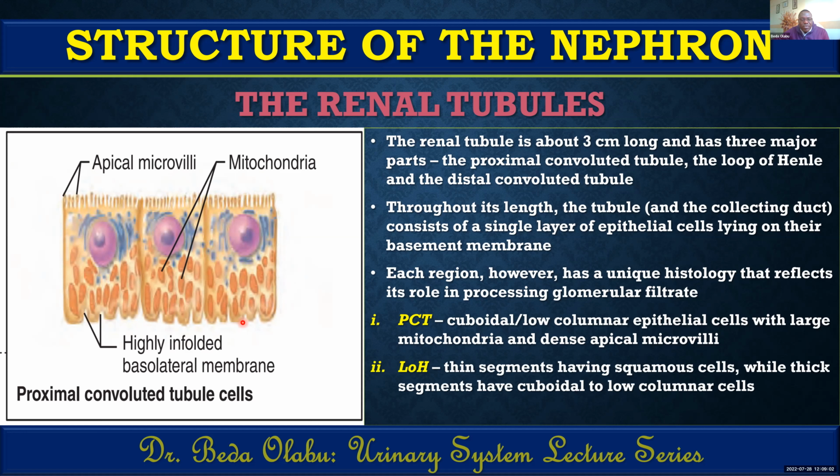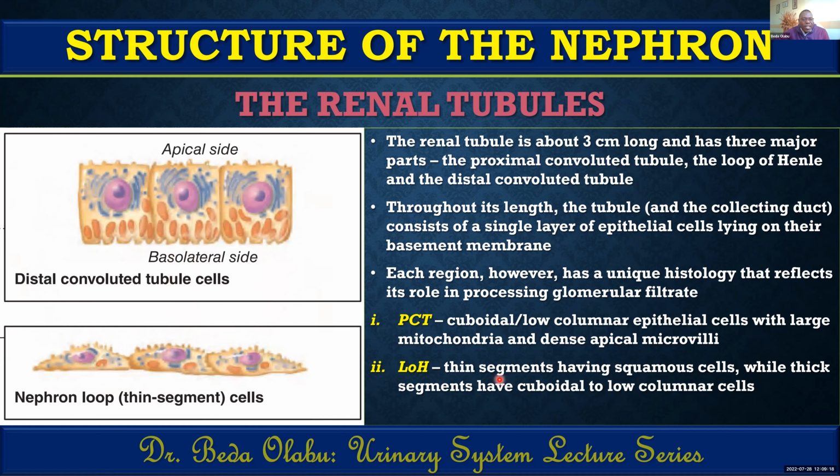From there, we have the loop of Henle. The loop of Henle has thin segments as well as thick segments. The thin segments are lined by squamous epithelium, and the thick segments are lined by low columnar or cuboidal cells. And basically, the thick segments look similar to the structure of the adjacent convoluted tubules.